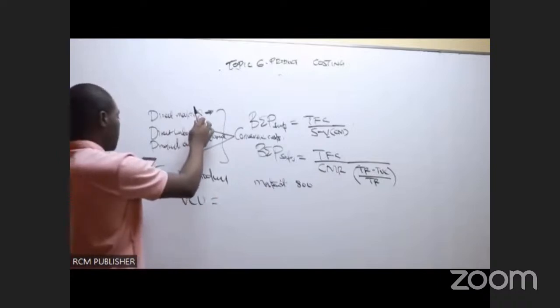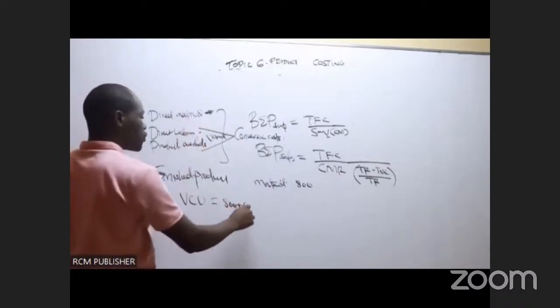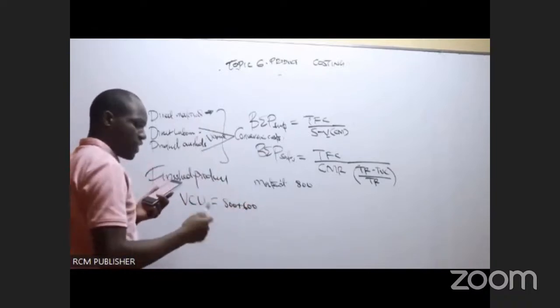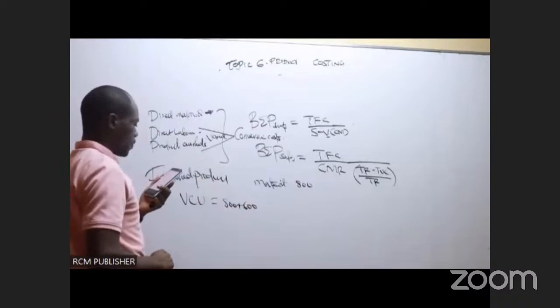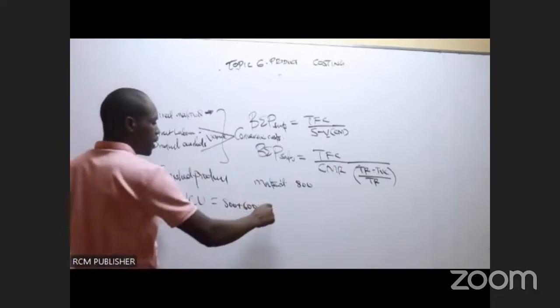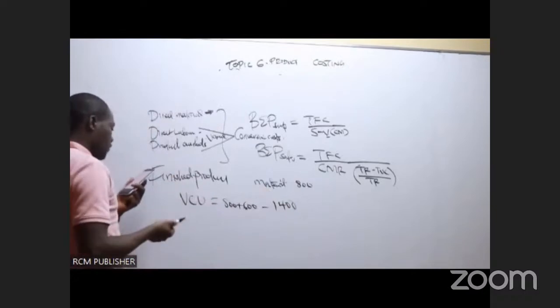So here, we have direct material of 800 plus conversion cost of 600. Do we have any other variable cost in the question? So this one here becomes your variable cost.